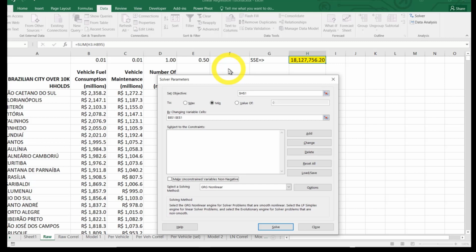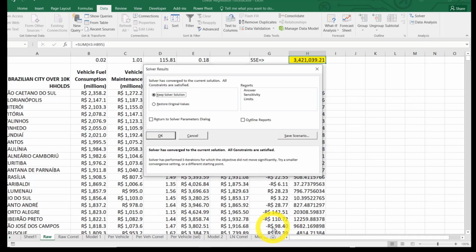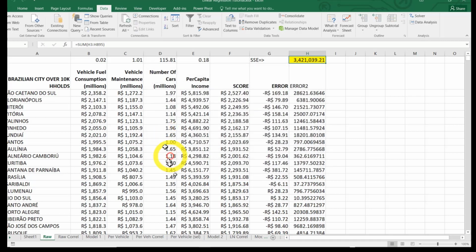So we are searching this valley to find the bottom of that four-dimensional valley. Solve. Boom. It found that the best it could do was to produce 3 million. So we went down from 20-some million to 3 million sum of squares. So that's our linear regression.